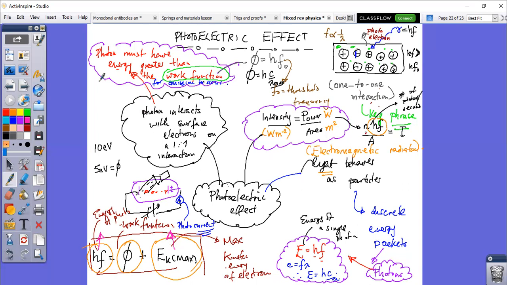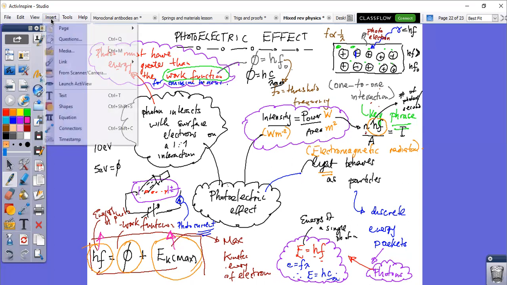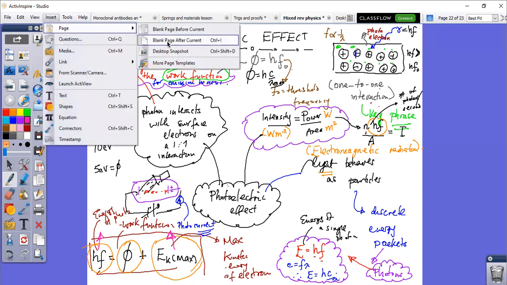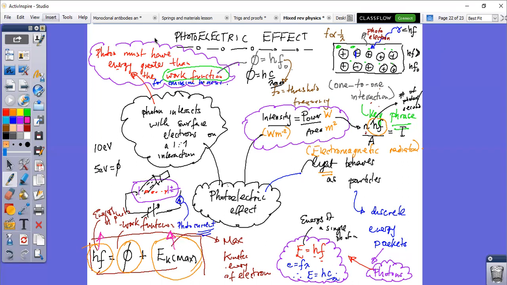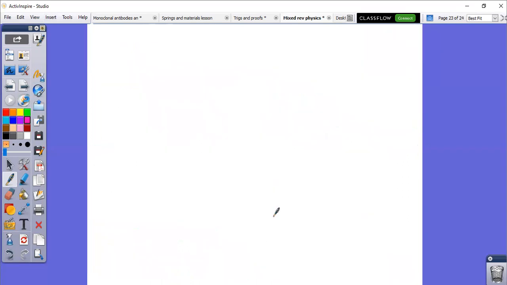Excellent. Right. Now, we're going to touch on this idea, or even before we go on to that, let's move on to mapping this equation hf equals the work function plus EK. What have I forgotten there? Max.